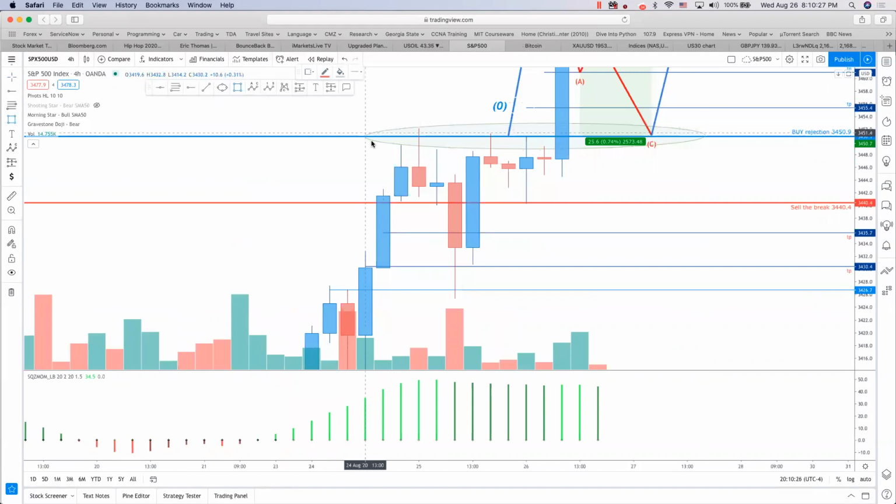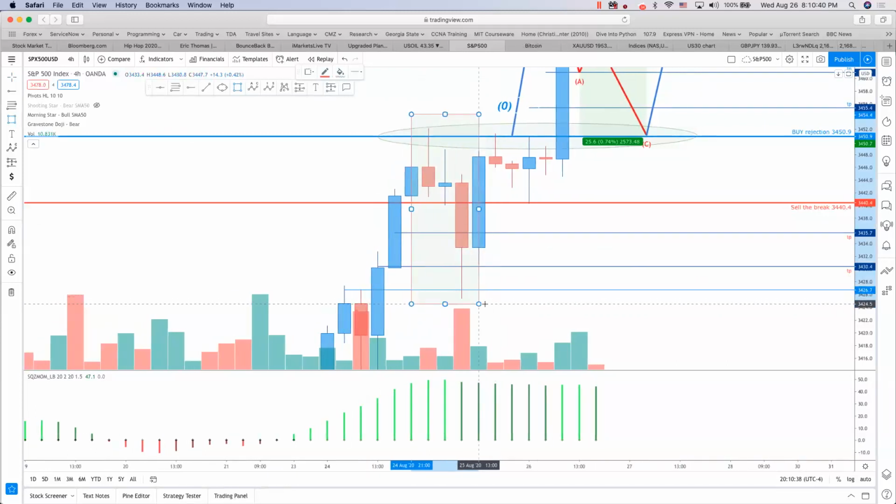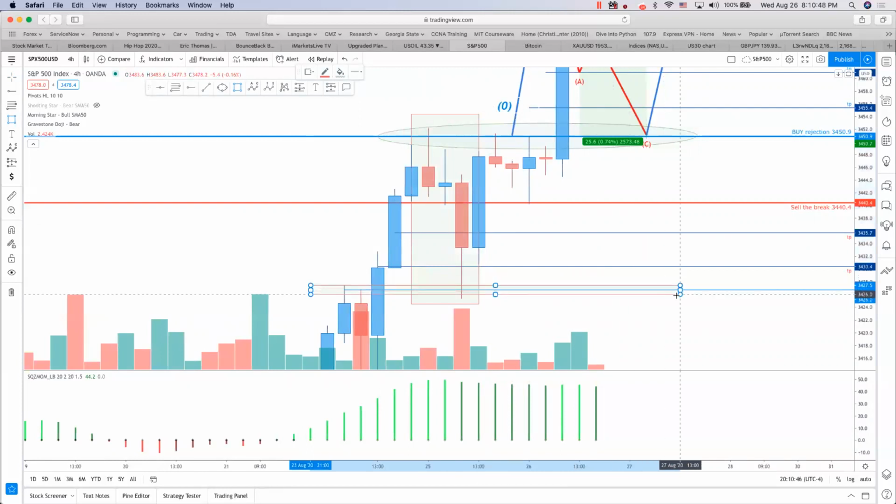So these three candles right here. This is the zone right here. And this is a zone that was made right here, right? We already know we broke out from this zone, right?